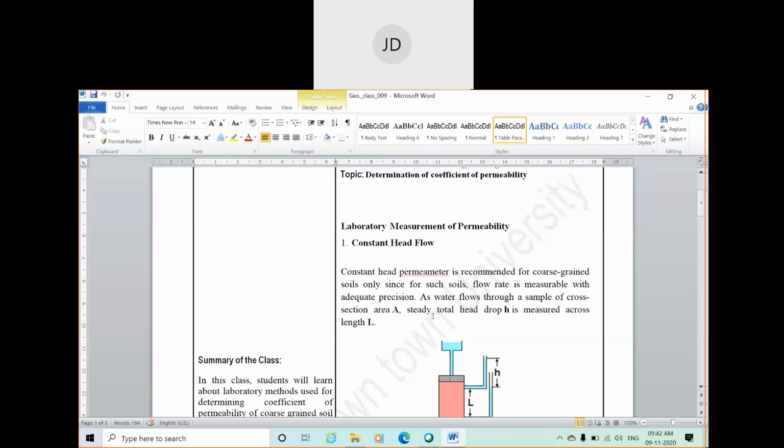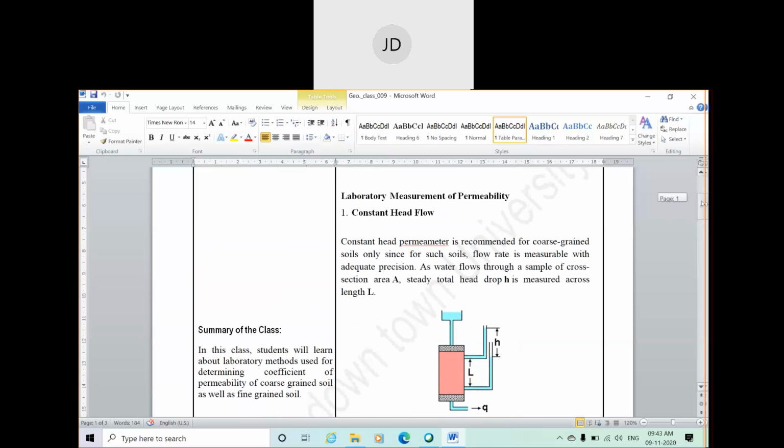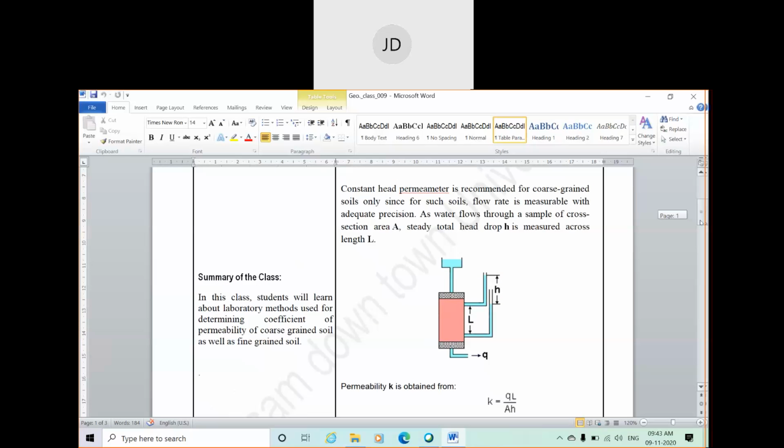This constant head permeability test is preferable for coarse grained soil or cohesionless soil. And why is it called constant head? Because throughout the test, the water head difference will remain constant.